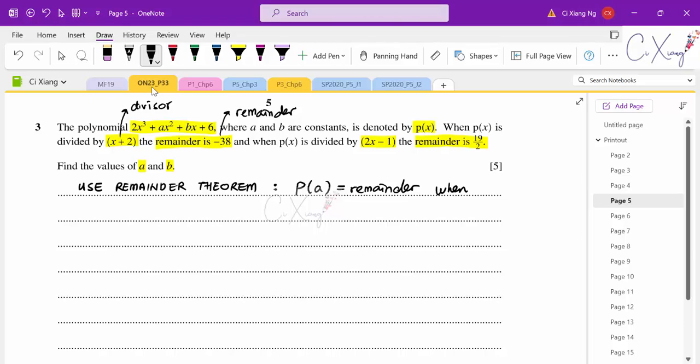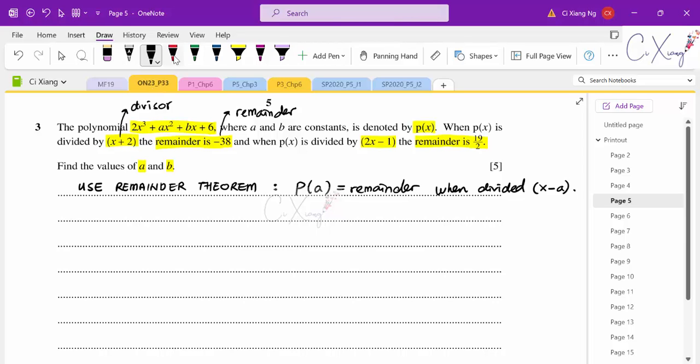So this is what we have for the remainder theorem. I'm going to use this one. To me, this one is more straightforward. Some students might want to use long division also, no problem at all.